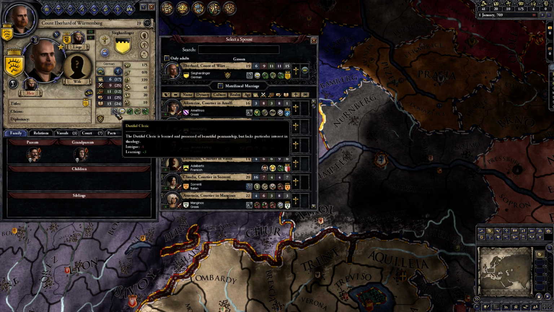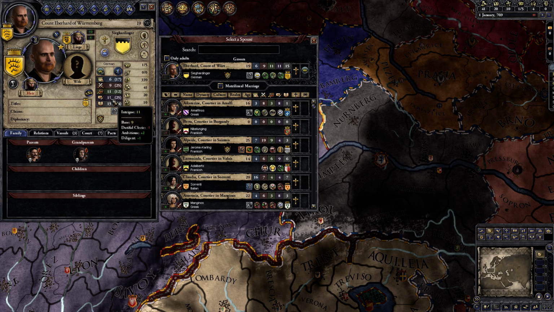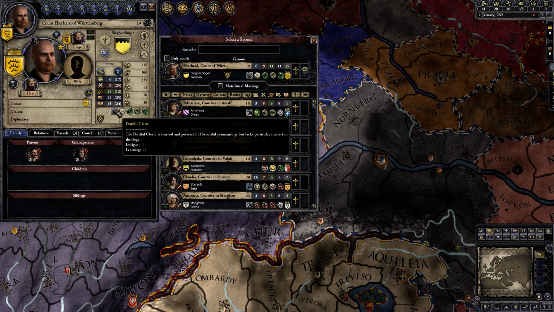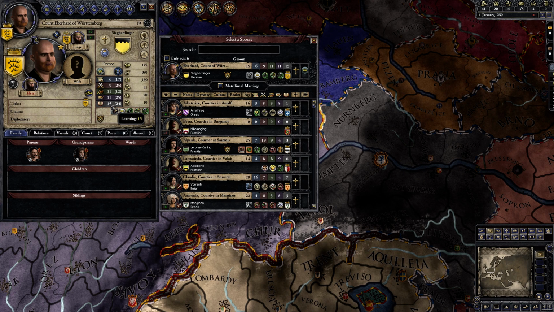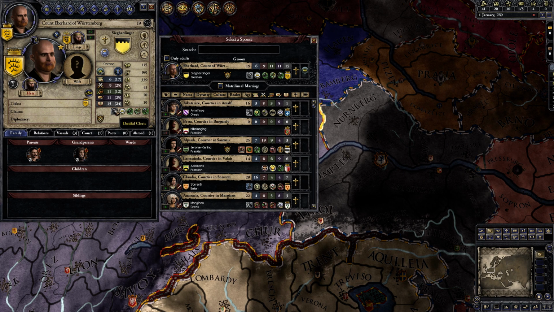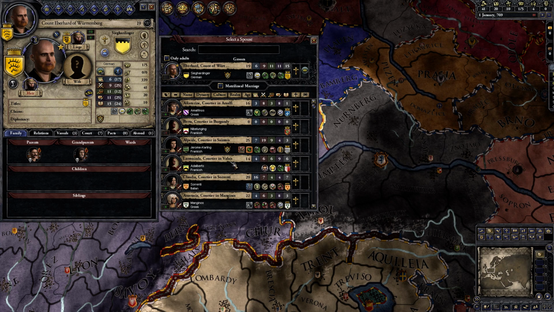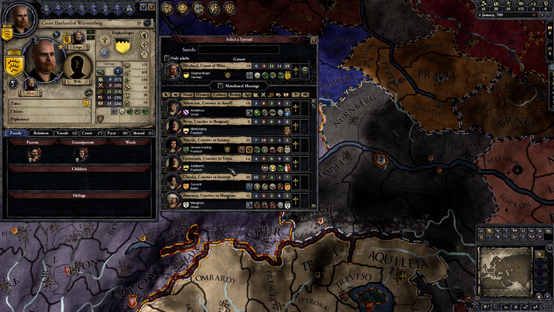So he's not really that good. As you can see, the silver color matches the silver color background of this. So there's learning, there's intrigue characters, which are purple.